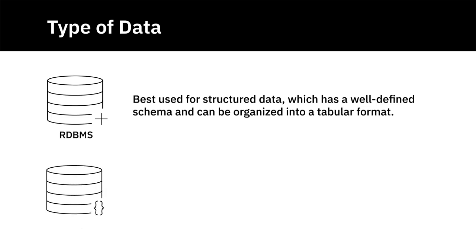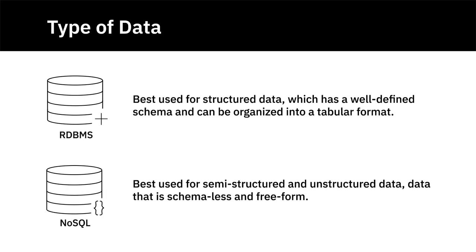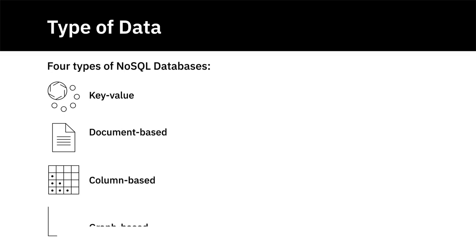Non-relational databases, or NoSQL, are best for semi-structured and unstructured data, that is, schemaless and free-form data. Non-relational databases, based on the type of data and how you want to query the data, are of four different types: key value, document, column, and graph-based.